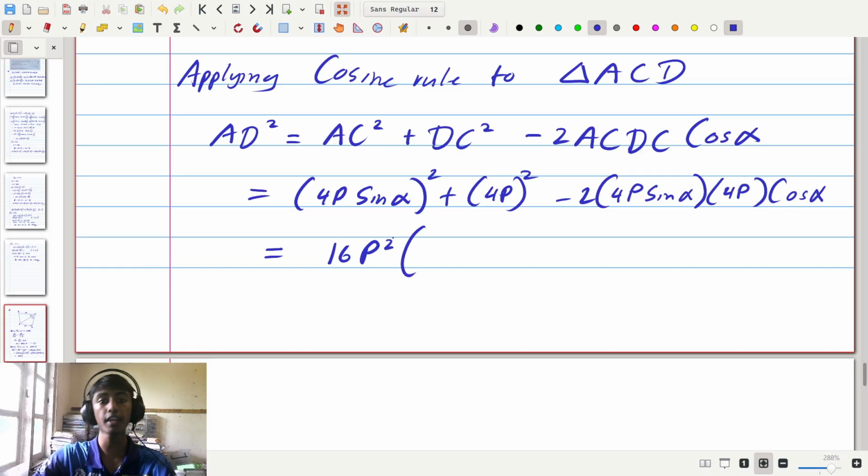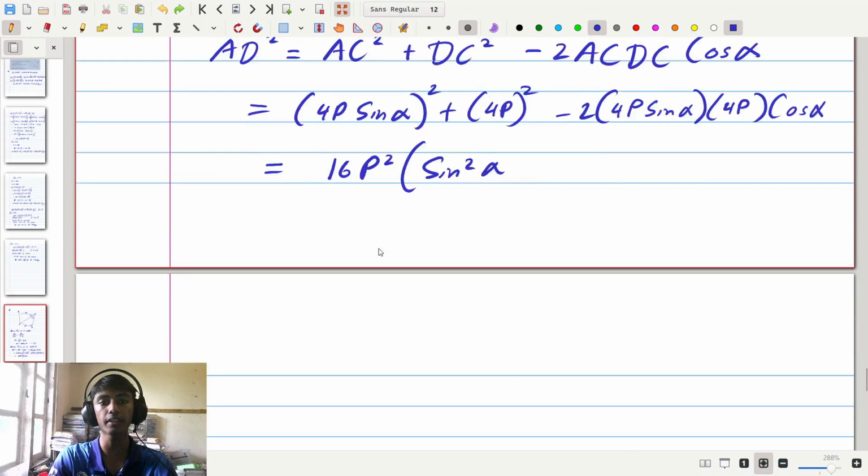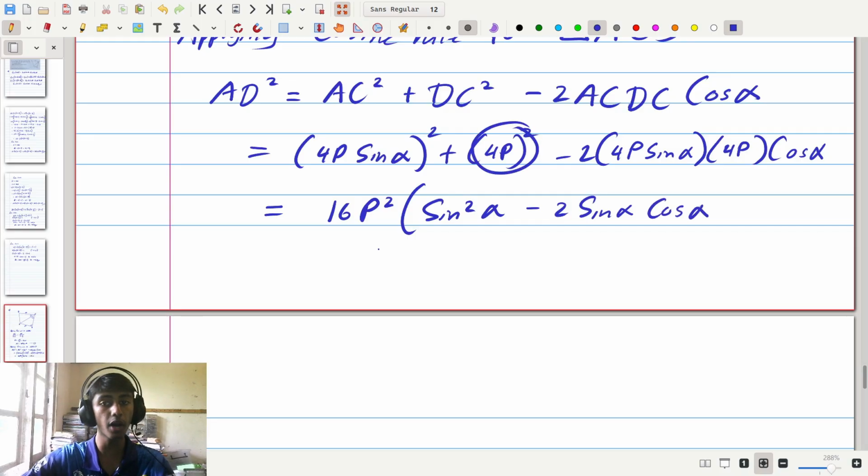Now considering what's left, in the first term we have sine squared of alpha. In the second term we have 1, but I'm going to leave that at the end, since in the expression that we were given we had a plus 1 at the end. And then for this we have minus 2 sine alpha cosine alpha. And if we take 16p squared out, we're going to be left with plus 1.